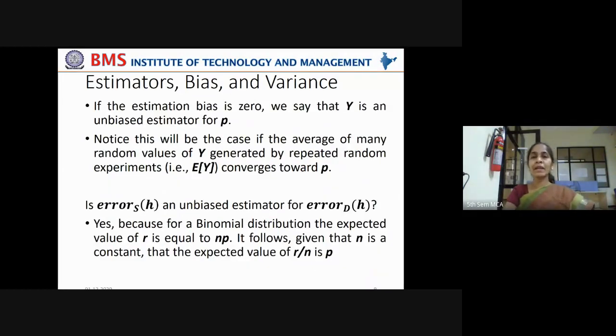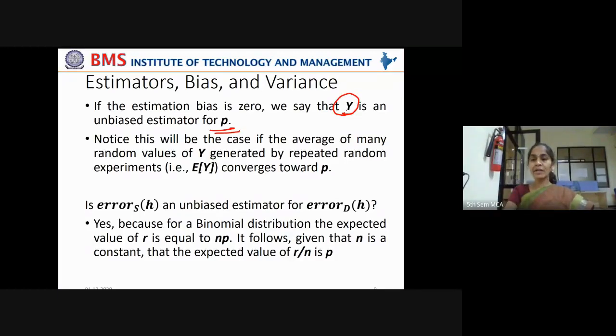Now if the estimation bias is 0, it means there is no difference between your sample and your true error. Both are the same. In that case, we say that your random variable y, in this case the sample error, is an unbiased estimate of your true error.